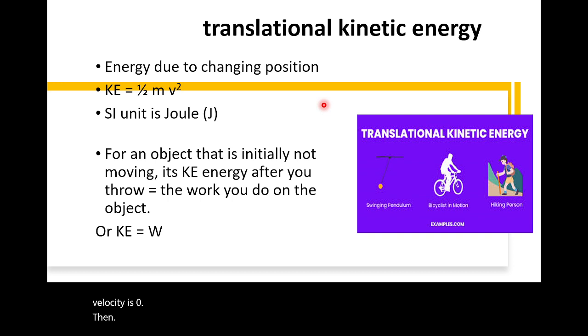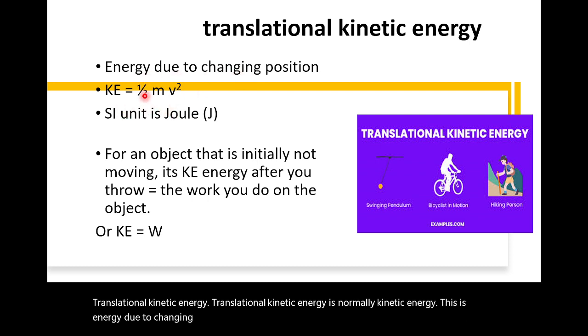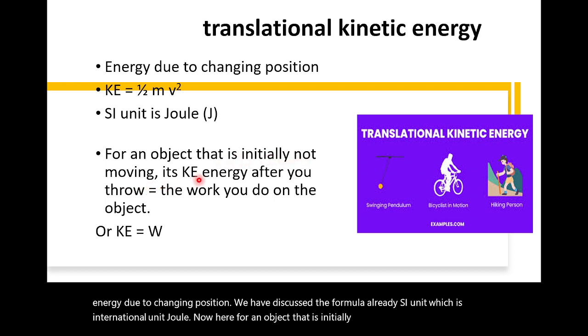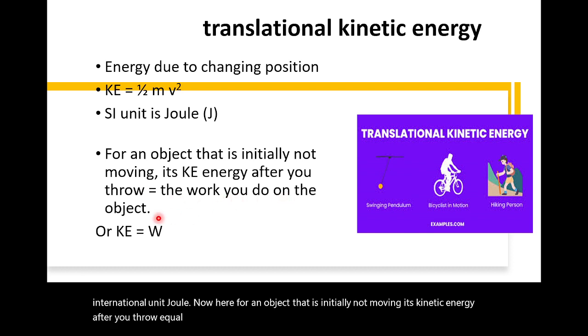Then translational kinetic energy. Translational kinetic energy is normally kinetic energy. This is energy due to changing position. We have discussed the formula already. SI unit, which is international unit, is joule. Now here, for an object that is initially not moving, its kinetic energy after you throw equals the work you do on the object.